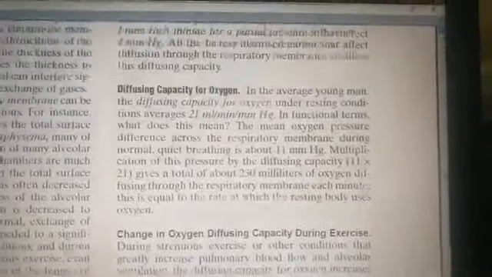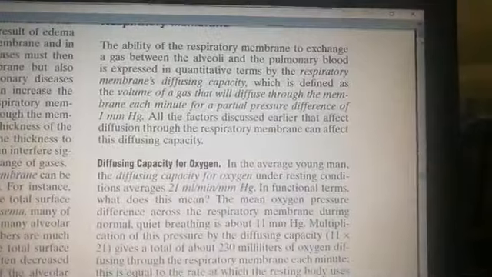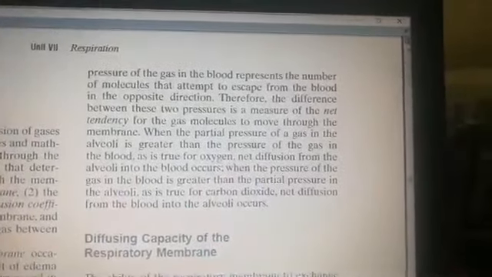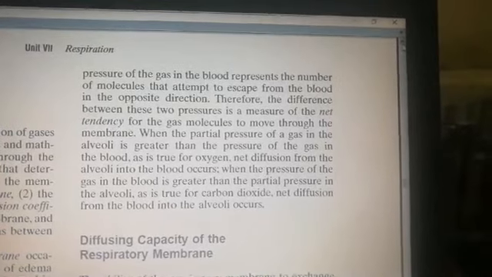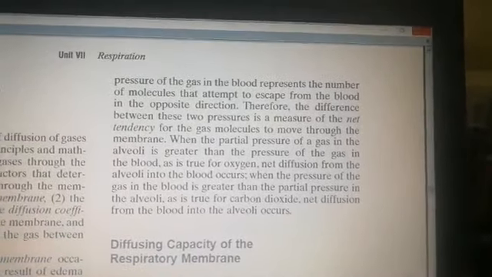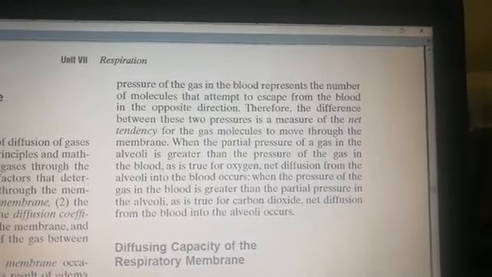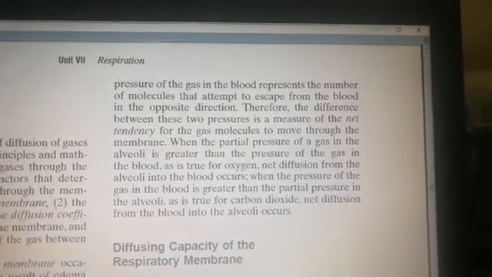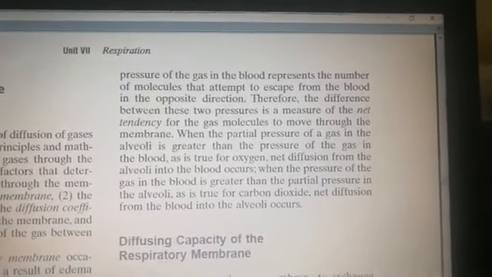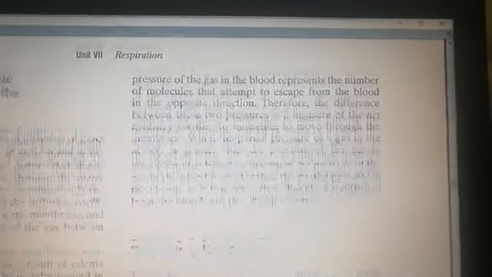Carbon dioxide moves from your blood into the alveolar bed. So it is vice versa. It all depends upon the pressure. The pressure of oxygen is more in alveoli, while the pressure of carbon dioxide is more on the tissue side.